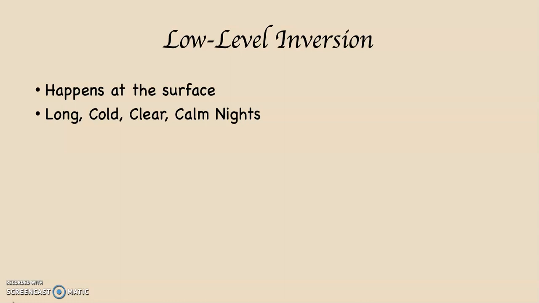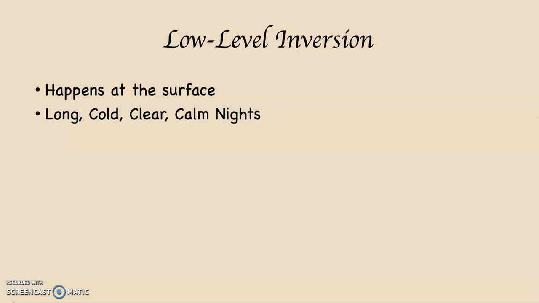Calm nights because winds cause mixing of the atmosphere. We talked about this with water, how water mixes. The atmosphere is actually a fluid body, something like water. It's just not as dense as water.